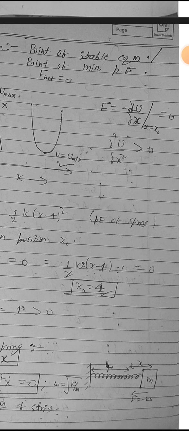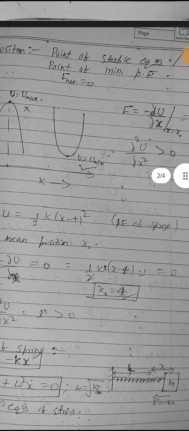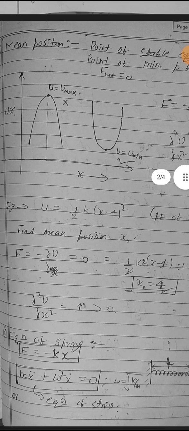You can check whether that mean position is a stable equilibrium point or not by finding the second derivative of potential energy and checking whether it is greater than 0 or not.